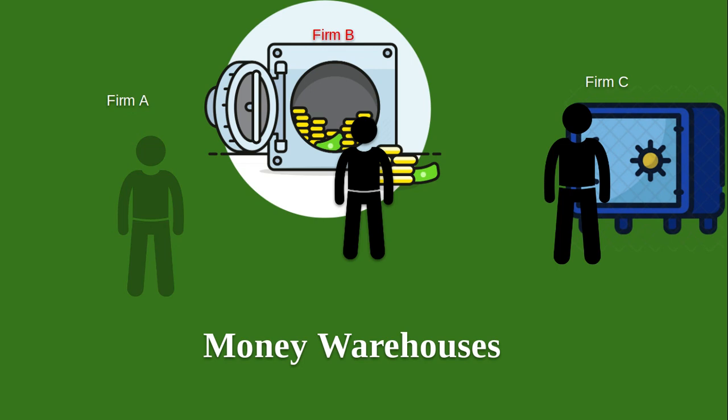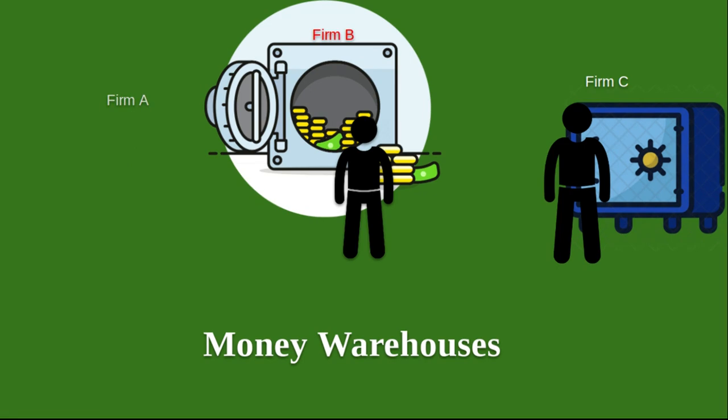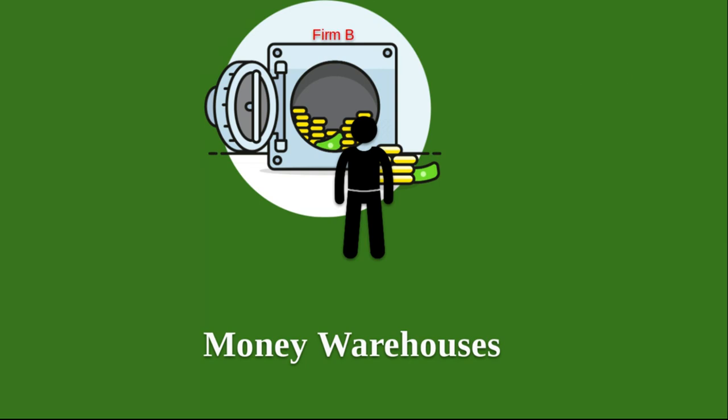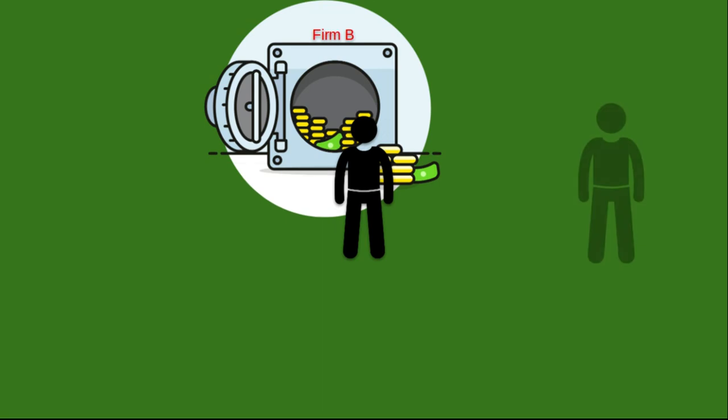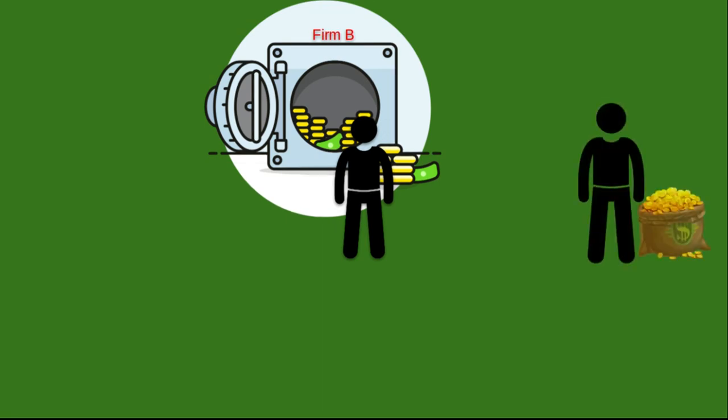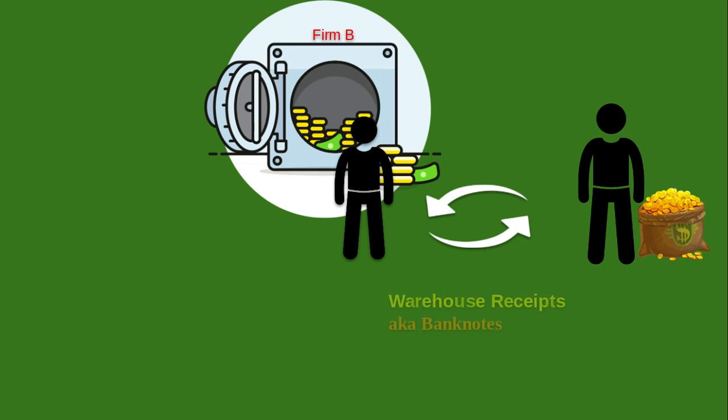So let's say in this scenario, you end up choosing firm B. So here's you. You take your money, and you decide to go with the service of firm B of protecting your money, your property. And in exchange, the money warehouse gives you receipts, also known as banknotes.